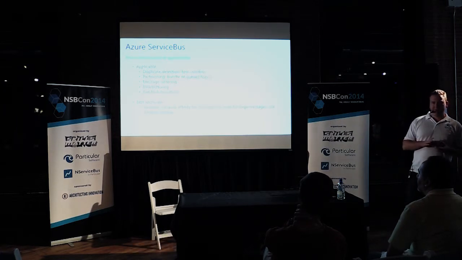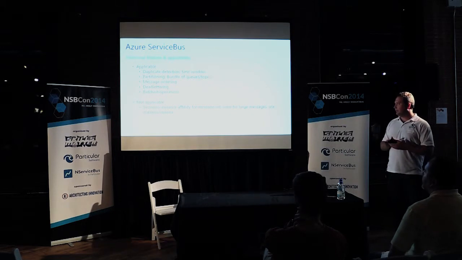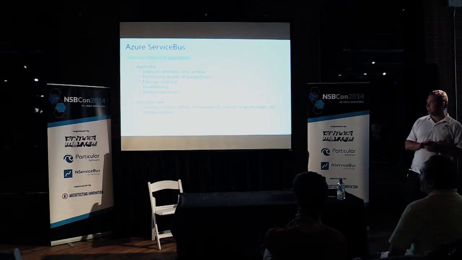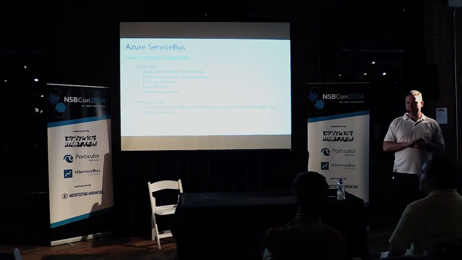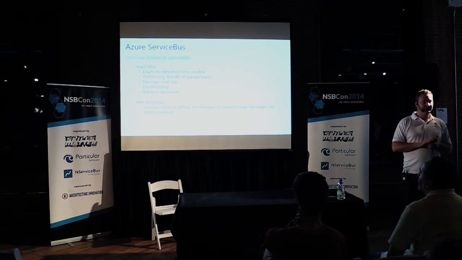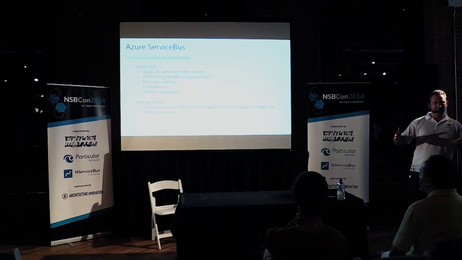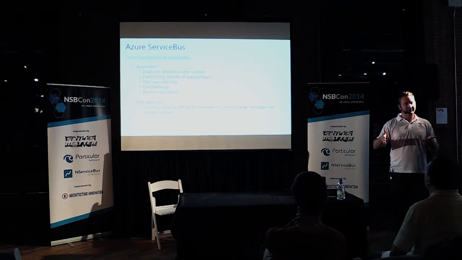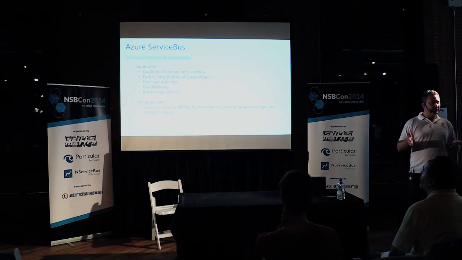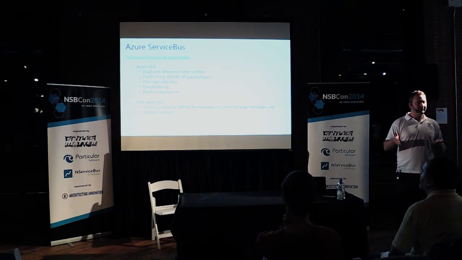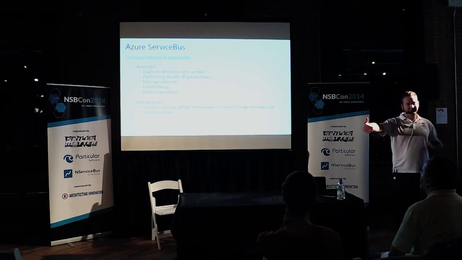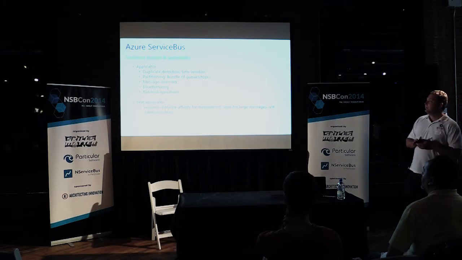The additional features and how they're usable in the context of NServiceBus: one, duplicate detection is very interesting. Within a certain time window, it can actually detect duplicates for you, so you don't have to implement your code idempotently, except if you're running multiple nodes, of course. Right.